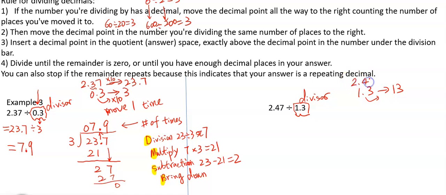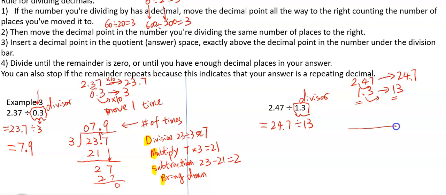So in the dividend, the first number 2.47, I also need to move it the same number of times, which gives me 24.7, because when you move the decimal point to the right, this 1 becomes a 10, so it's like 10 times. So you also have to increase 2 to 20. Okay, so we are going to get 24.7 divided by 13.